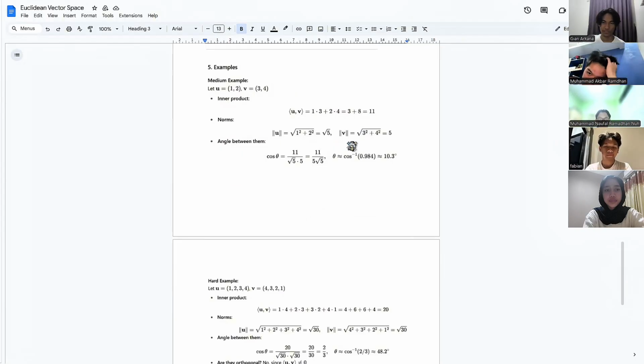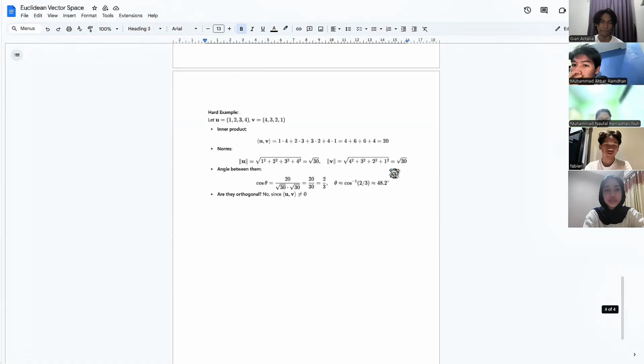And then for both of the norms, we put them down here. So the cosine of the angle between vector U and V is 11 over 5 times the square root of 5, which means that approximately the angle between vector U and V, using the inverse of the cosine, is 10.3 degrees.